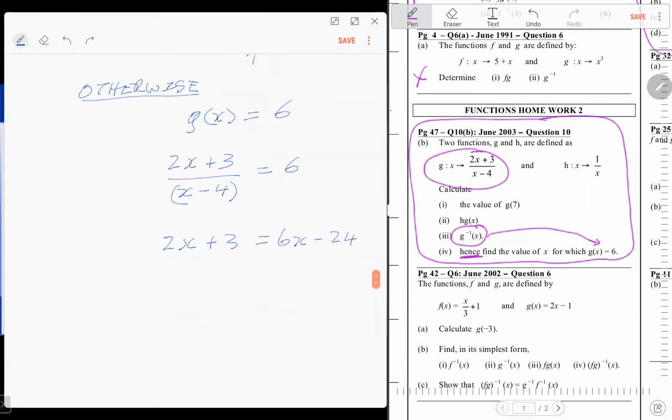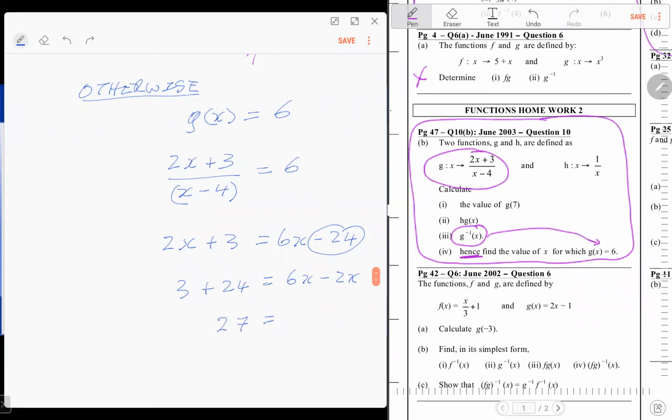So this becomes 6x minus 2x. The minus 24 goes over there as plus 24. This 3 is already there, so it becomes 3 plus 24. The left side is 27 equals 6x minus 2x, which is 4x.